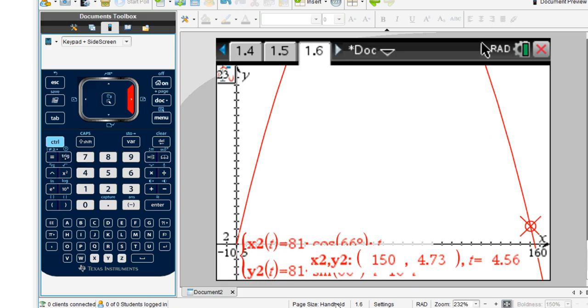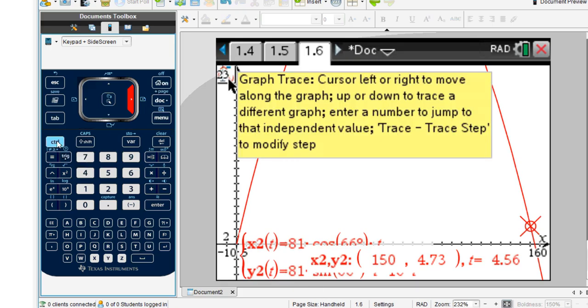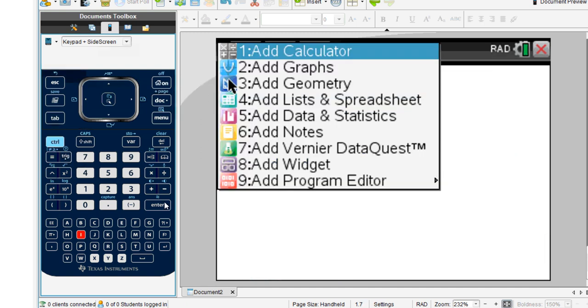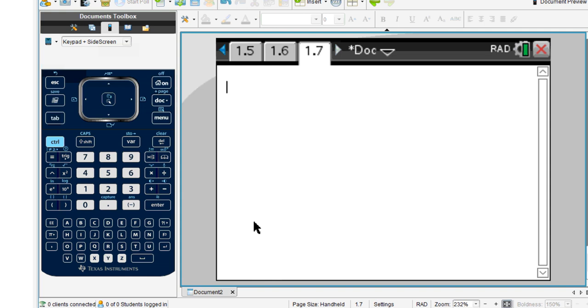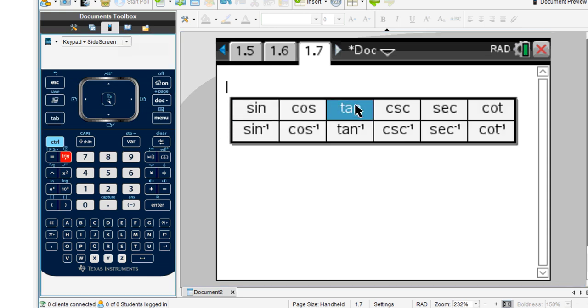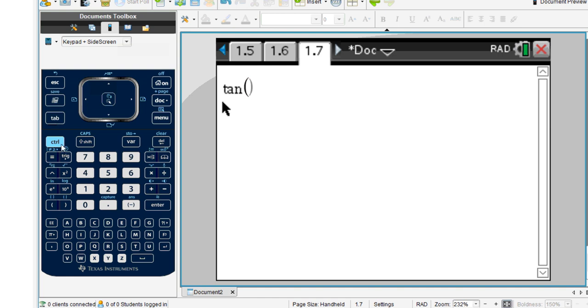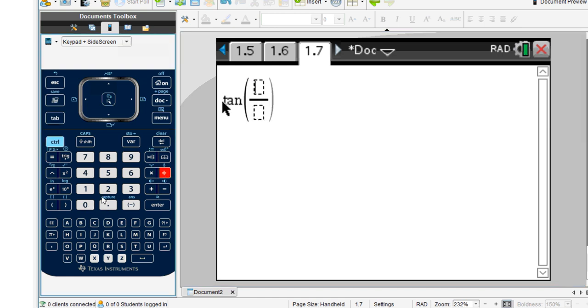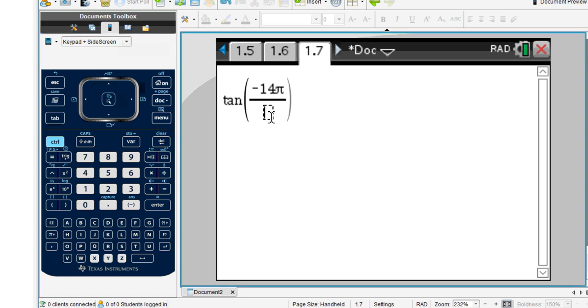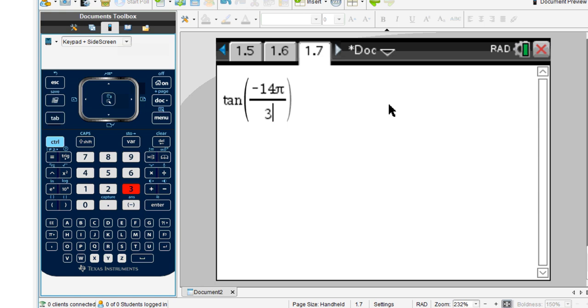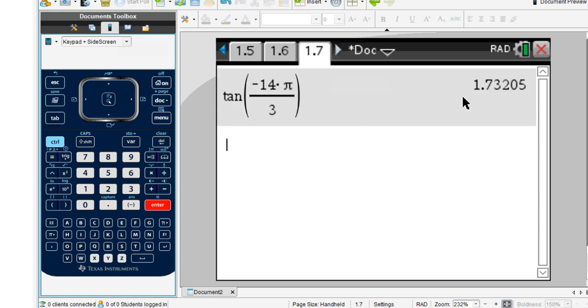But my calculator's in radians, so I'm just going to say tan of -14 pi over 3. And I'm in radians, so I don't have to convert to degrees. So I get 1.73.